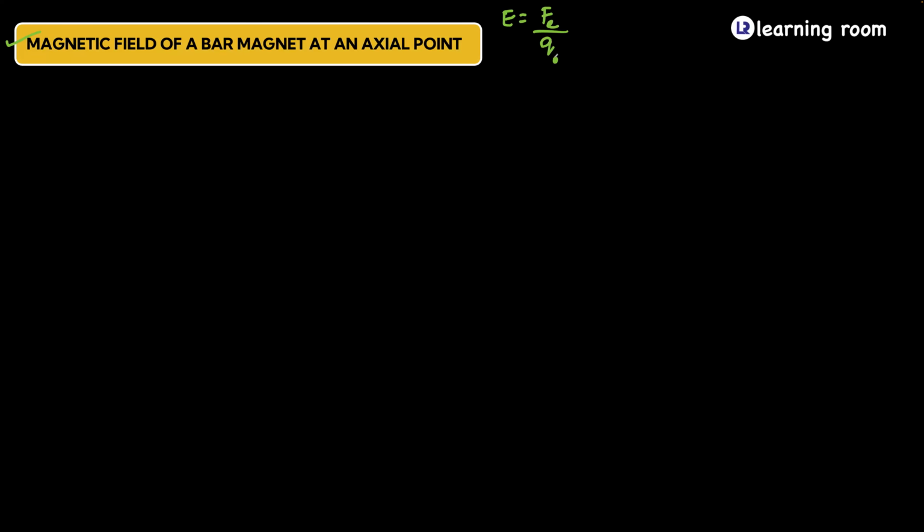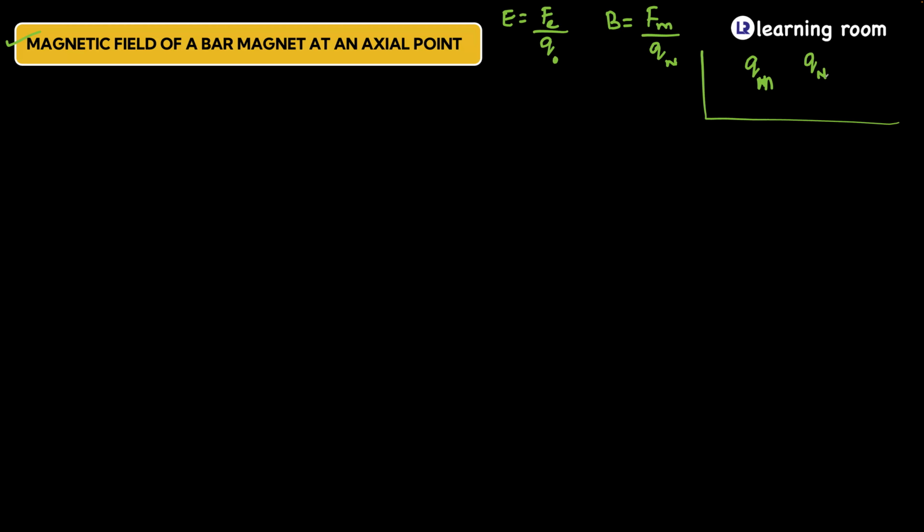In a similar way, if I'm interested to calculate the magnetic field strength, what do you think will happen? The electrostatic force should be replaced with magnetic force divided by the test charge, which you replace with the pole strength of a north pole. Makes sense? Suppose I have two poles whose pole strengths are Qm and Qn.